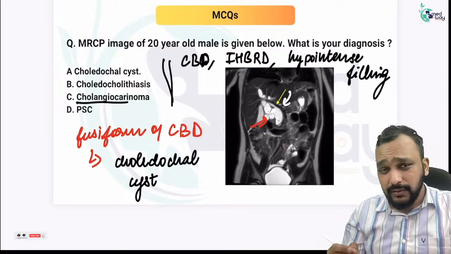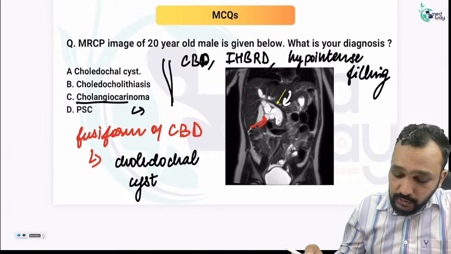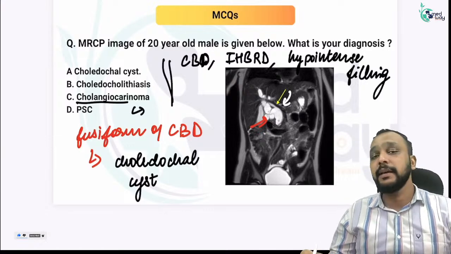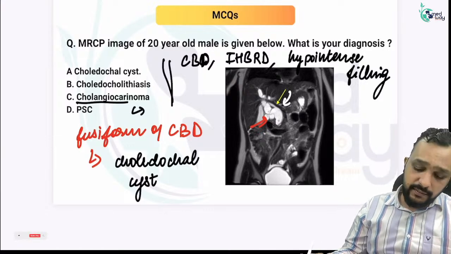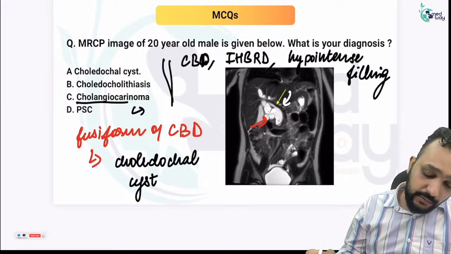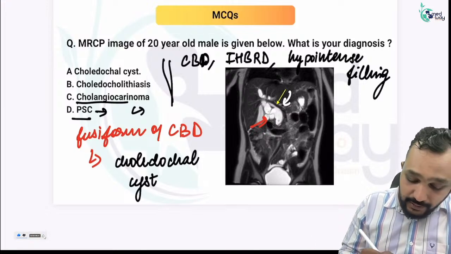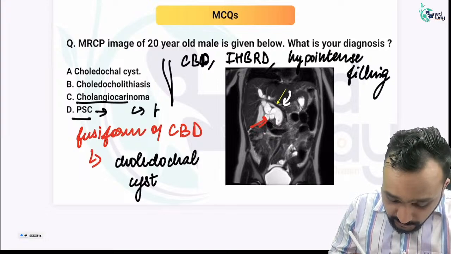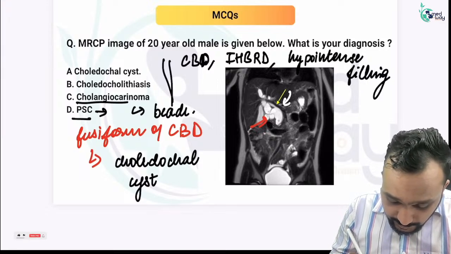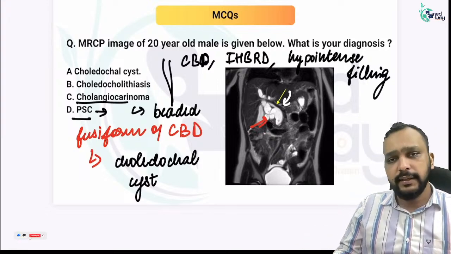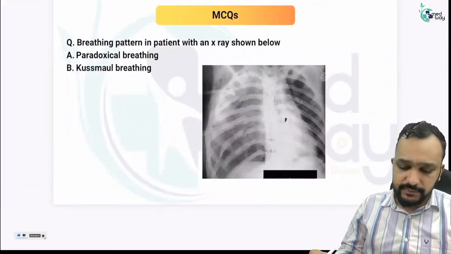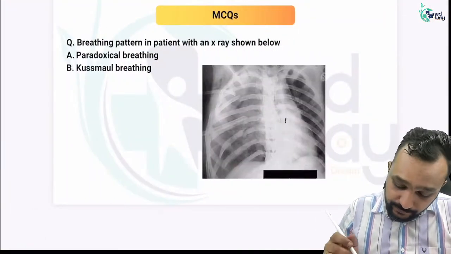In cholangiocarcinoma, you will see bilobar intrahepatic biliary radical dilatation. Okay, CBD can be normal or it can be narrowed, right? In primary sclerosing cholangitis, you will get a beaded appearance of the intrahepatic biliary radicals, right?